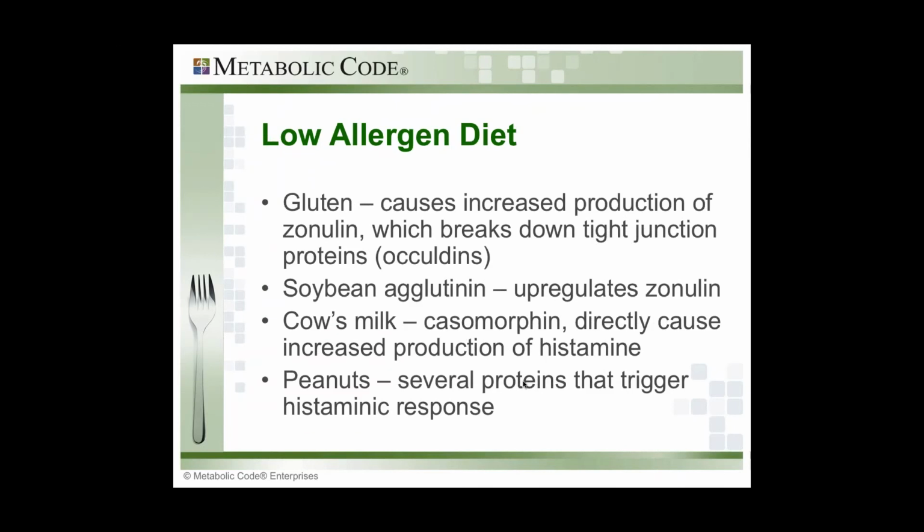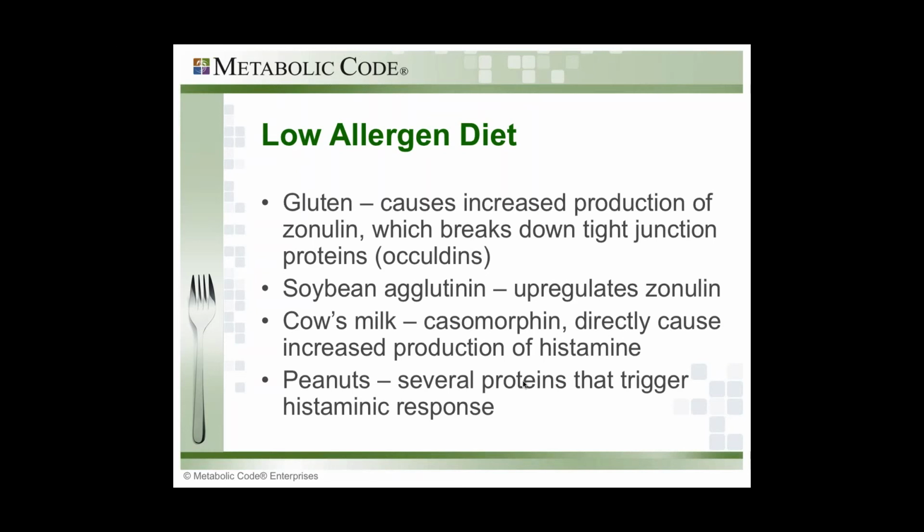So the key thing that you do with diet for autoimmune thyroid is that you end up having to do a low allergen diet, because there are substances in food that break down tight junction proteins. So you can see here, gluten causes increased production of zonulin, and it causes it in everybody. They're trying to figure out why some people have an increased response compared to others.